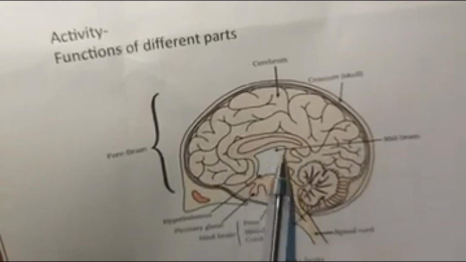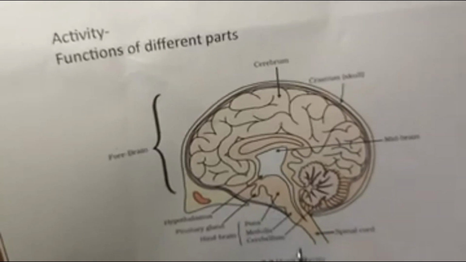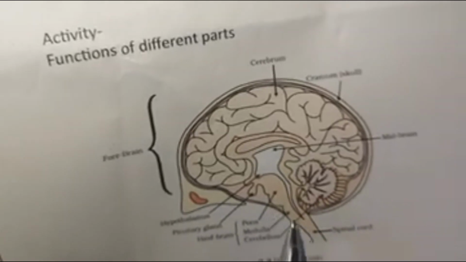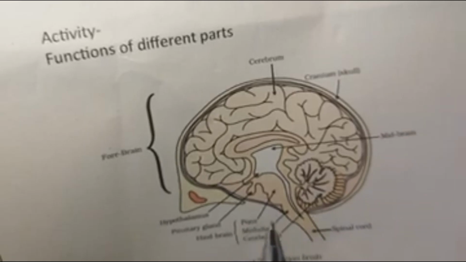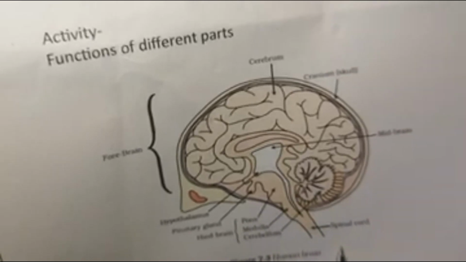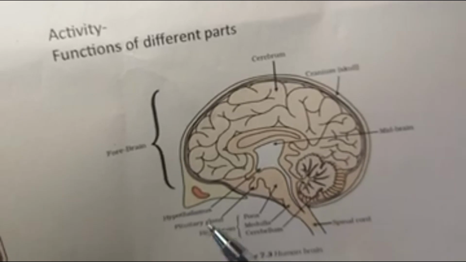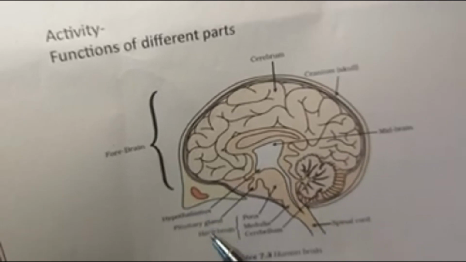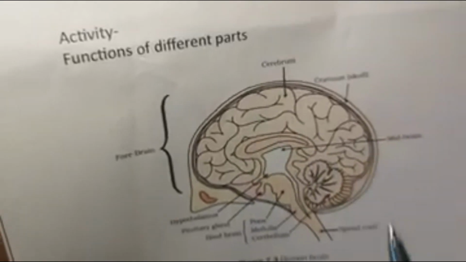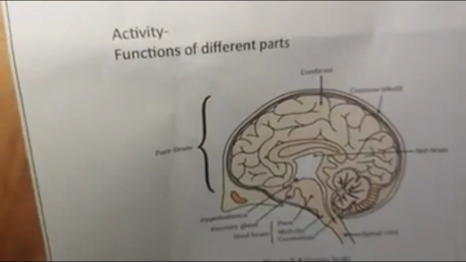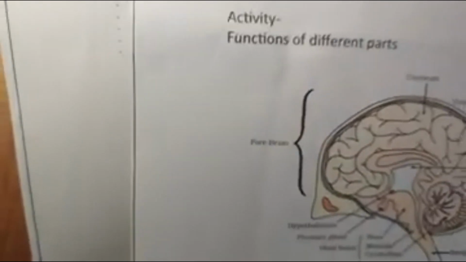This is the midbrain and that's the hindbrain, and the hindbrain has three parts: pons, medulla and cerebellum. The medulla continues as the spinal cord, okay. Thalamus, hypothalamus, pituitary gland, hippocampus, amygdala are part of the forebrain. They're part of the limbic system as well, as you might remember.